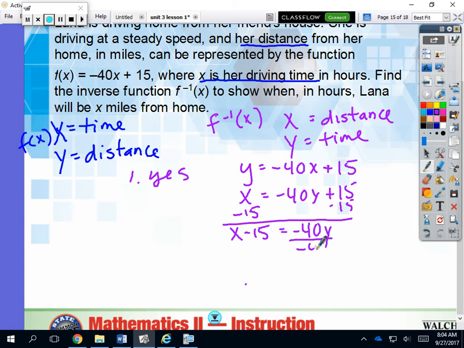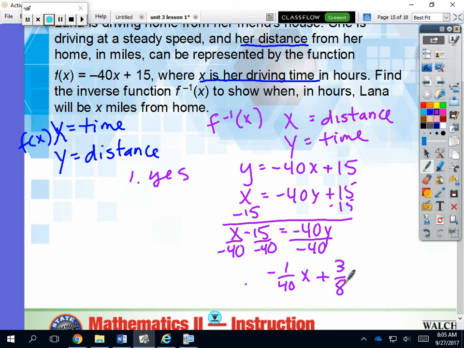Divide by negative 40. We get negative 1 over 40, and this is going to be positive. And if I reduce 15 over 40, it reduces to 3 over 8.